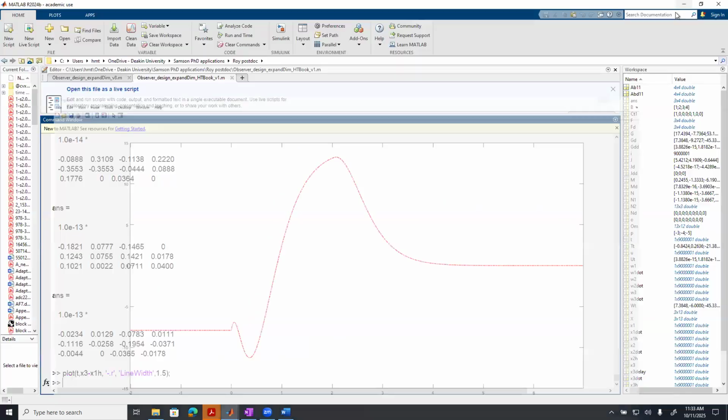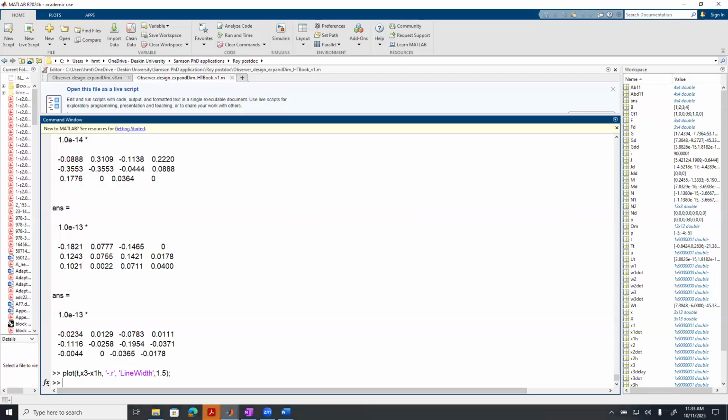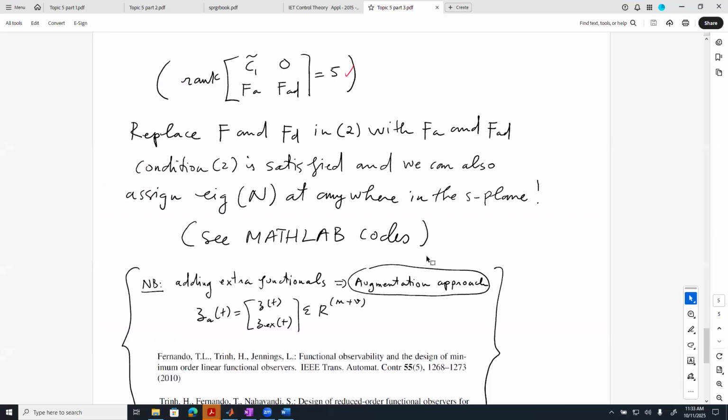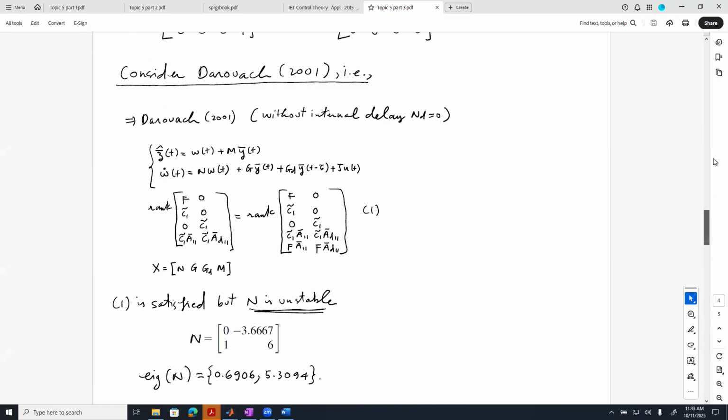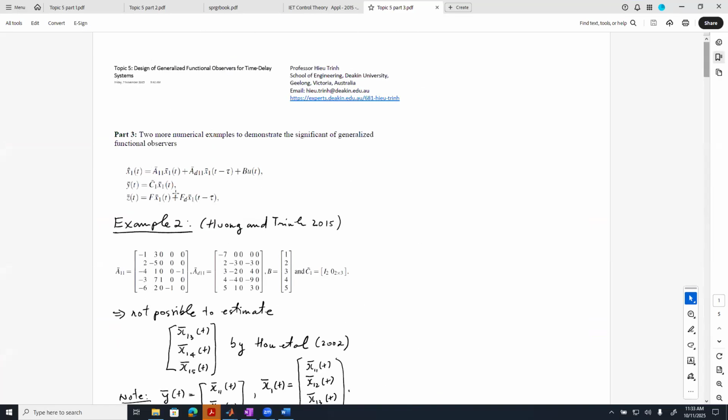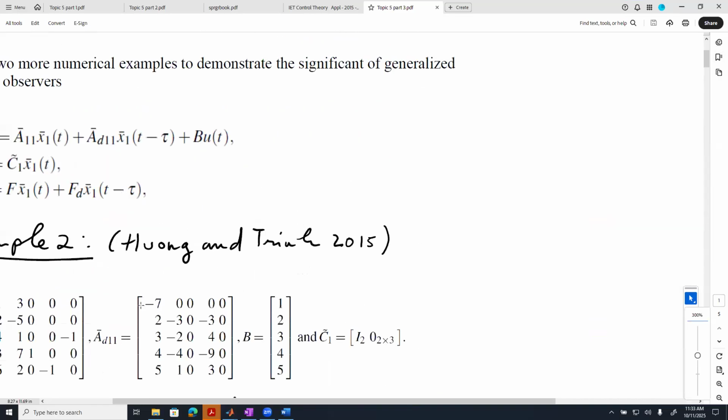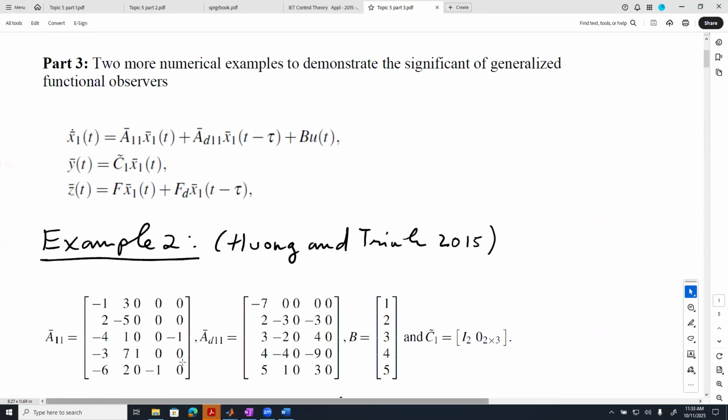Okay, so as you can see, the significance and the generality of just having this generalized functional and what it can do to realize observers with higher dimension.